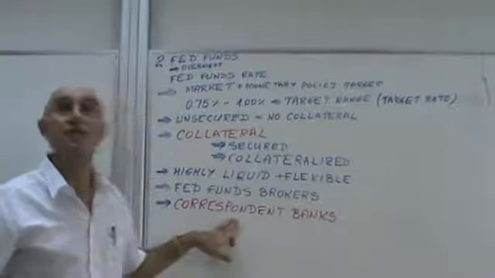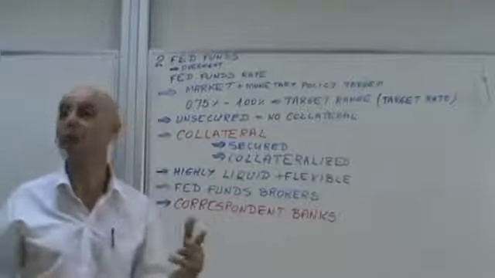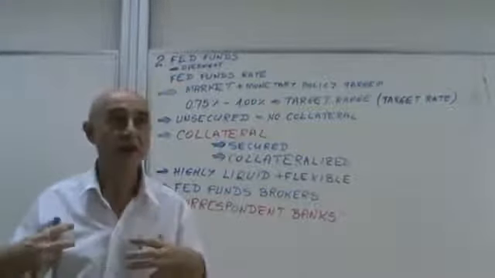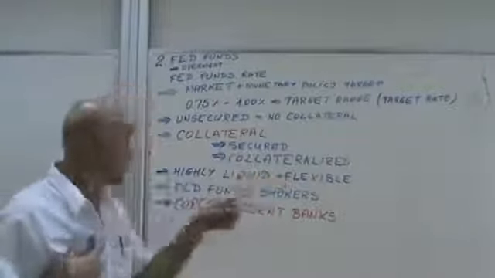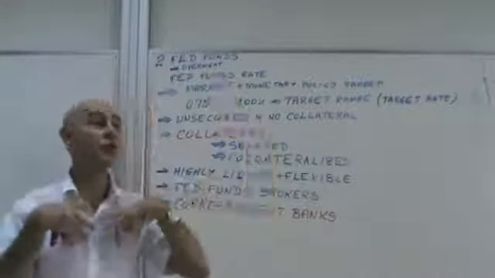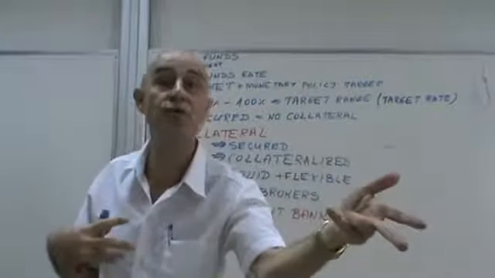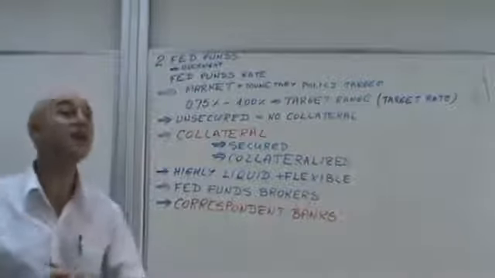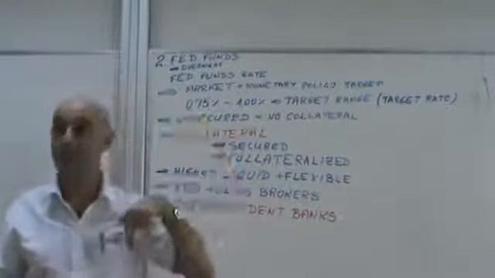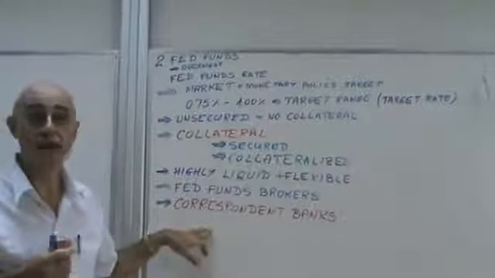But the technical definition is that they have reciprocal accounts. So if we are two correspondent banks, you will maintain an account with me, and I will maintain an account with you. And if I need extra money, you'll give me some of yours. If you need extra money, I'll give you some of mine. So that's correspondent banks.